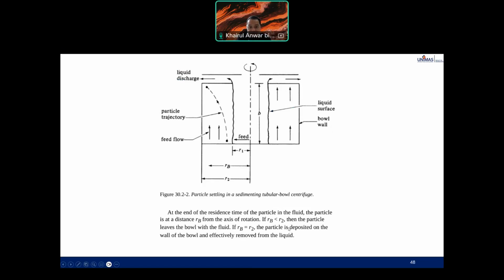So two ways: either the particle goes out with the fluid or sticks on the bowl wall. If it's less than R2, it goes to the liquid discharge.